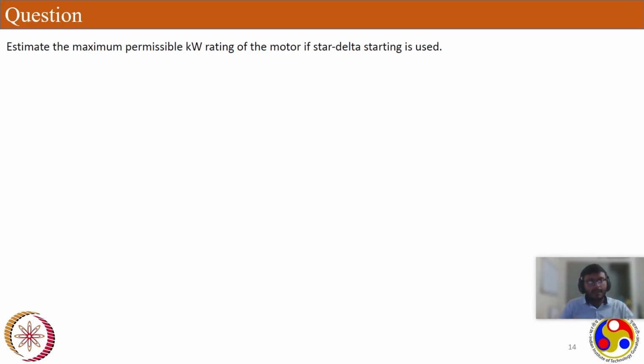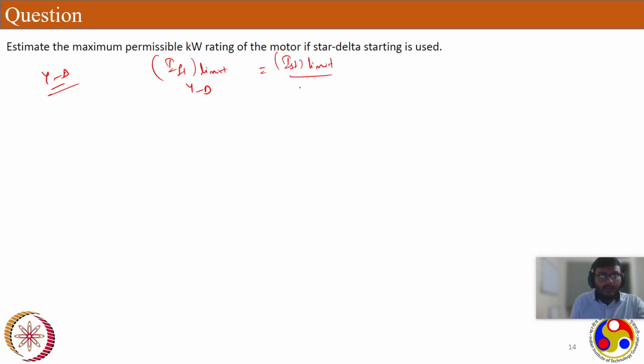So let's see what is the permissible limit in this kind of star delta connection. Now if it's a star delta, my IFL limit in star delta is equal to I starting limit divided by 4.